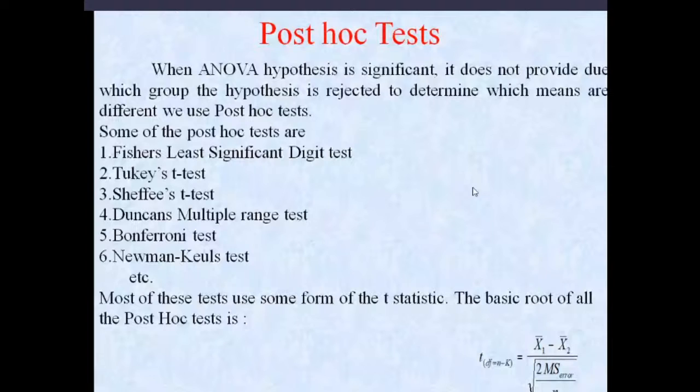One is Fisher's least significant difference test, called the LSD test. You can apply Tukey's test, or Scheffe's test, or Duncan's multiple range test, DMR test, as we generally call it.